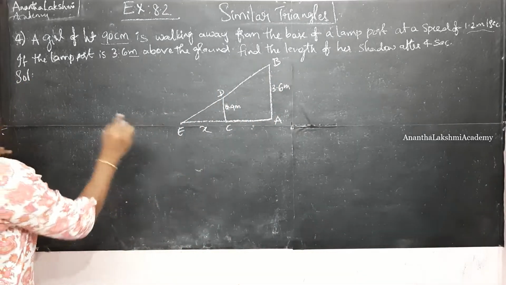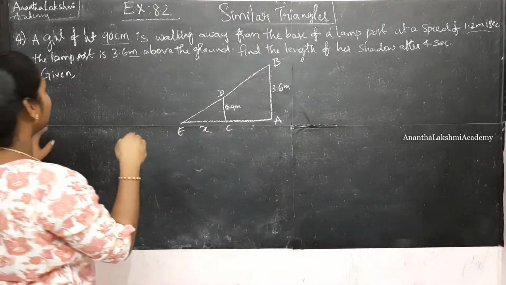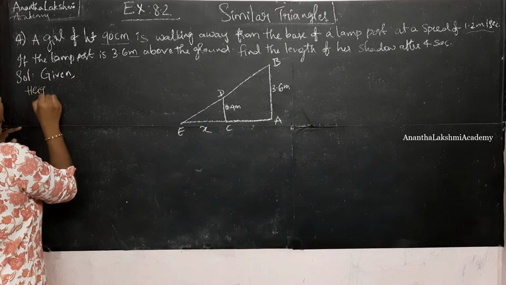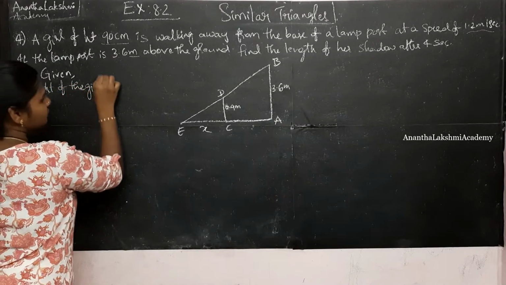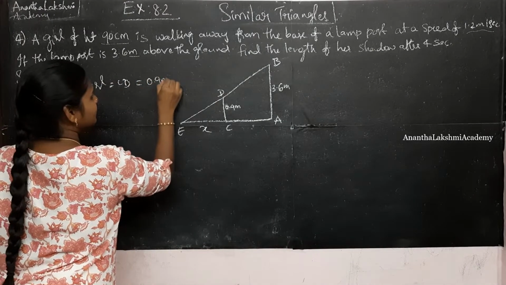So let me write the given. What is given? Look at this carefully. Height of the girl is equal to CD is equal to 0.9 meters.